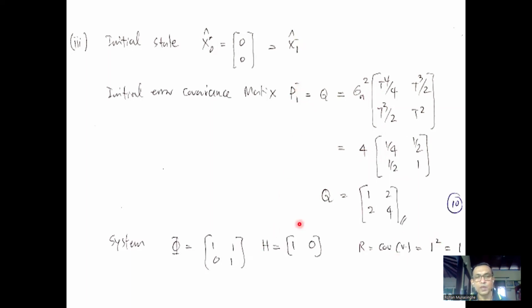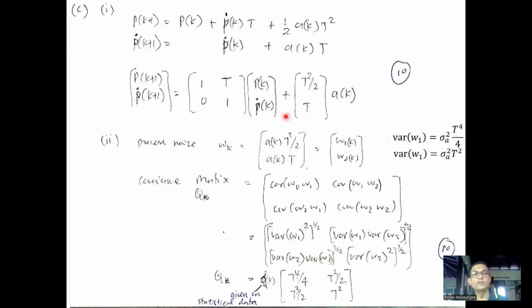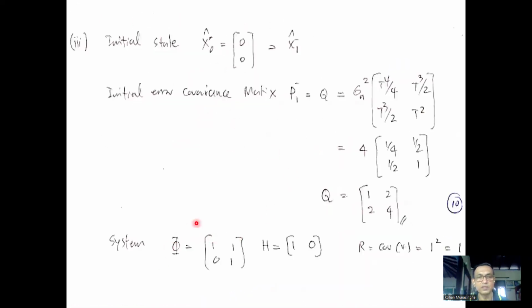If you look at the state space model, when capital T, the sampling interval, is 1 second, this is 1, 1, 0, 1. So this is the state transition matrix, which is also known. Then the output matrix H. What is H?